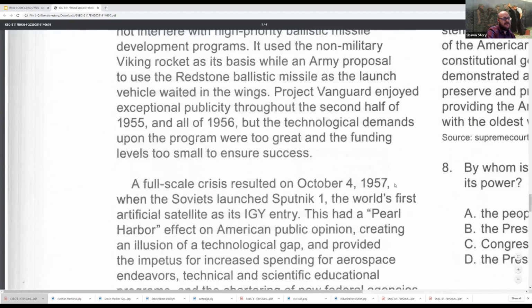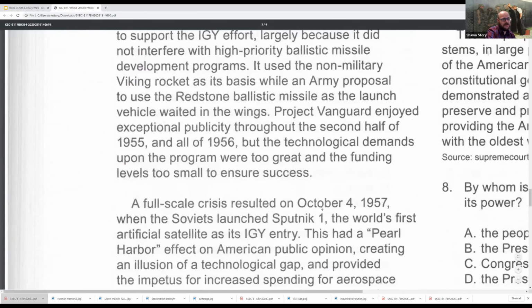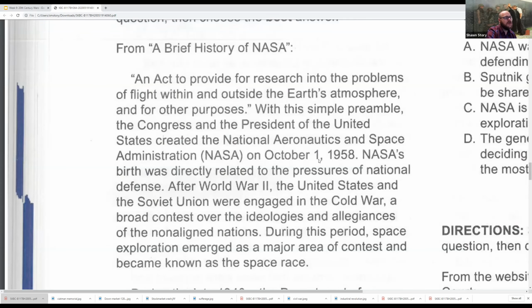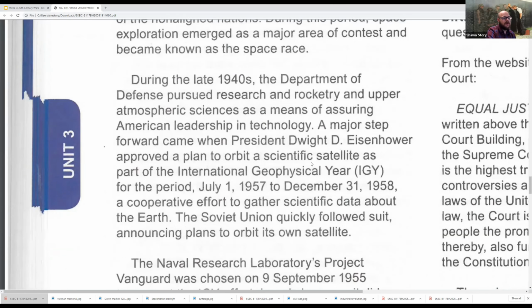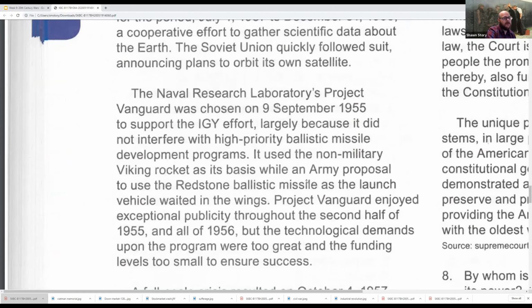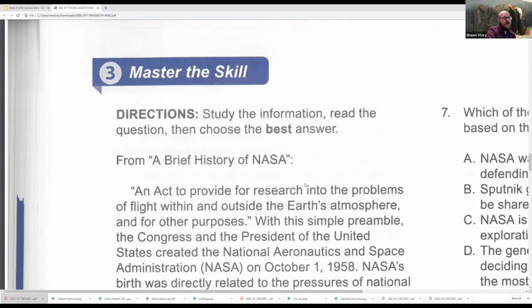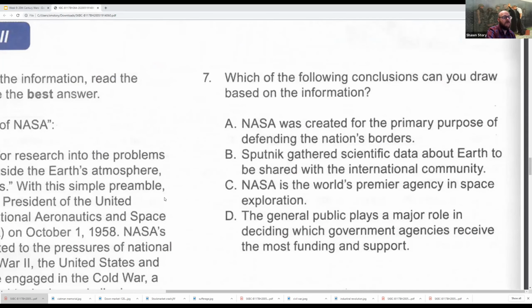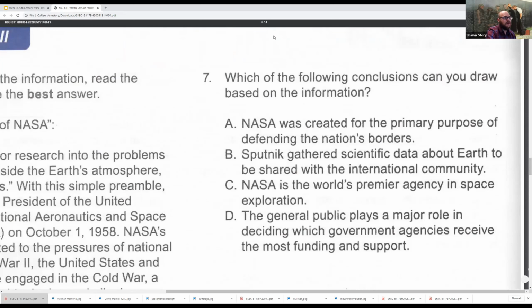So by 1957, the Soviets had launched their rocket into space, which then sparks the creation of NASA in 1958. So was NASA the premier or the first? No. Other countries were looking at space travel, including Russia, way before the United States were. Russia was already in space and successful with the rocket before the US government decided to actually create NASA.